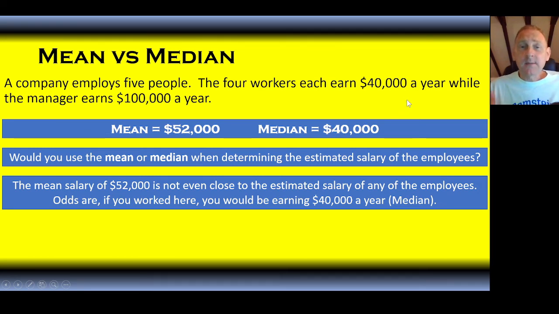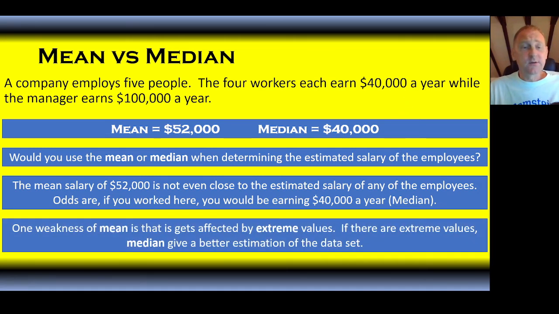So sometimes the median is better to use than the mean. So one weakness of the mean is that it gets affected by extreme values. This manager's salary is way off the scale from the other workers, and it affects the mean quite a bit. So extreme values affect the mean quite a bit. If there are extreme values, median gives a better estimation of the data set.